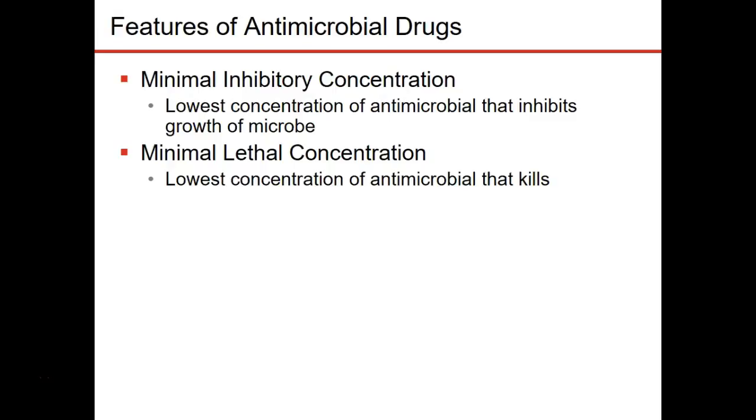We can actually determine the amount of the chemical that we need to inhibit the growth and the amount of chemical that we need to kill off the microbes. So the MIC is the lowest concentration of an antimicrobial agent that inhibits the growth, whereas the MLC is the lowest concentration of antimicrobial that will kill off the microbe.